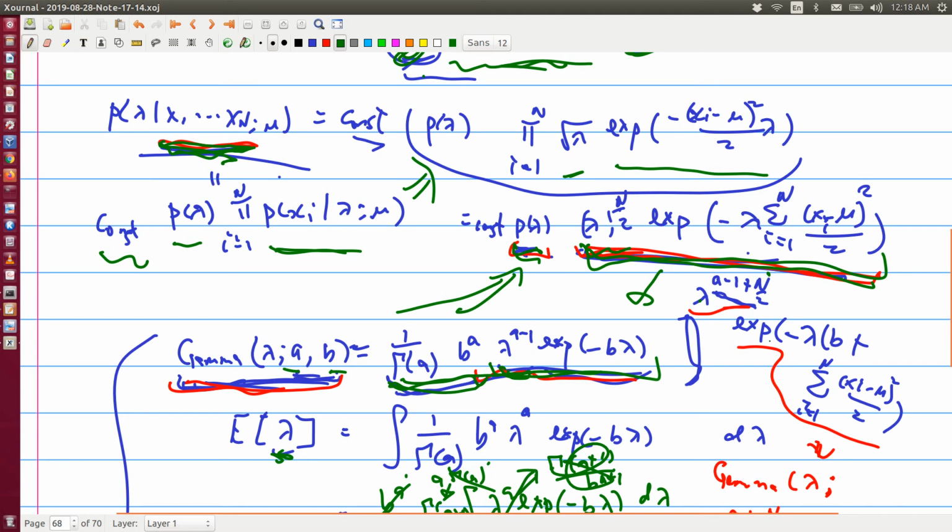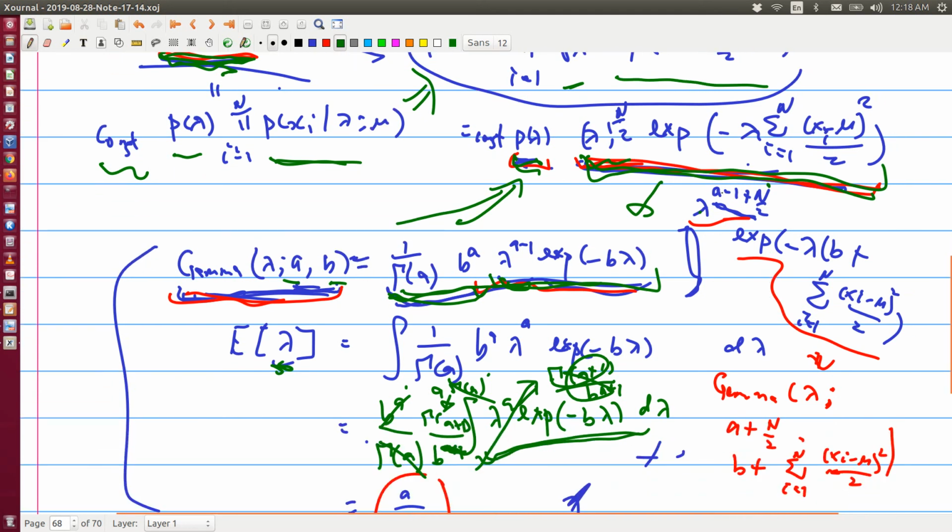So what is this? This is basically a gamma function with parameter a plus n over 2, and the b parameter is b plus the sum over i of x_i minus mu squared over 2.